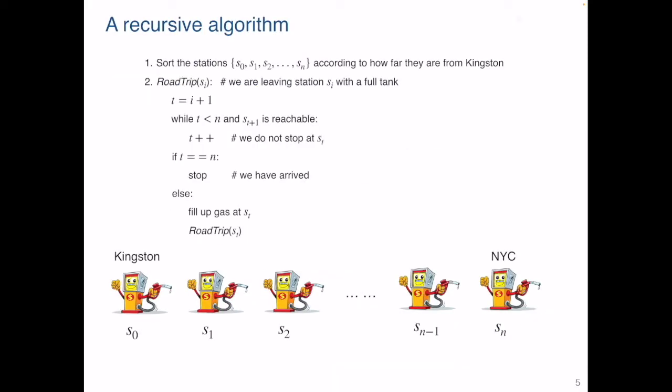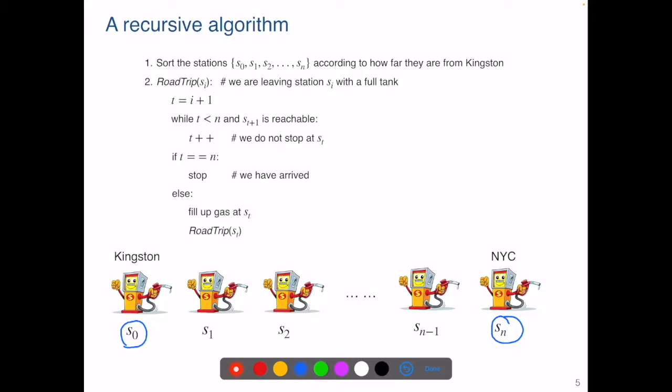So here is a recursive algorithm. We first sort all the stations based on how far they are from Kingston. S_n will be New York City. For the recursive algorithm, RoadTrip, we are leaving station S_i with a full tank of gas. S_t is the next station. When t is less than n, we're not yet at the destination, and if we can reach S_{t+1} without stopping at S_t, then we do not stop at S_t and keep going.